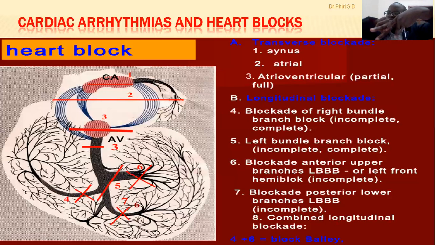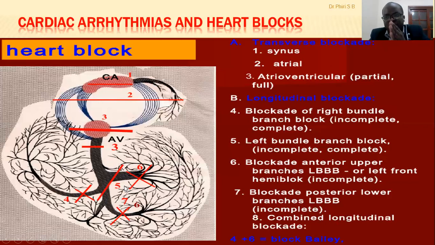These are the ventricles, because the left goes to the left ventricle, the right goes to the right ventricle. So this is what it looks like. You can see here that the right bundle branch is just 1, but the left bundle branch is going to divide into the anterior and posterior branches.